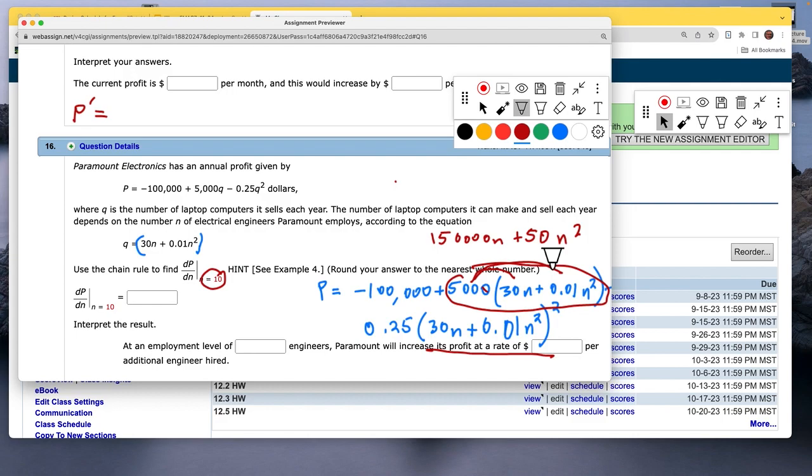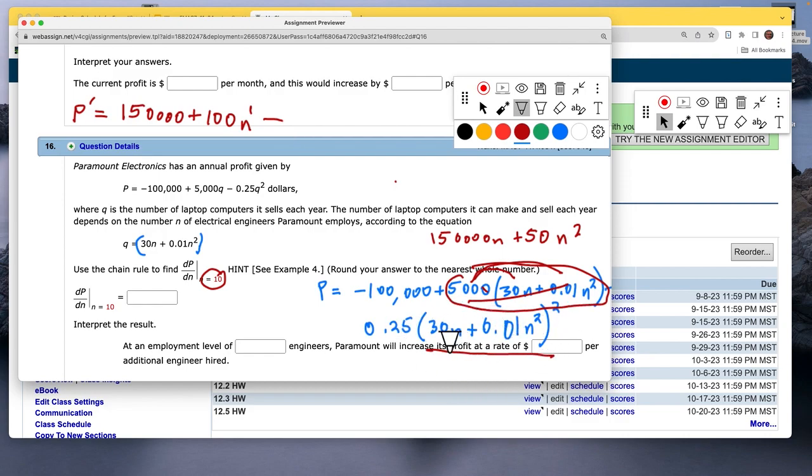So we need that derivative. That's 150,000, the derivative of n. For n squared, the 2 times 50 gives us 100 n to the first power. So that took care of this derivative. And then we have a minus, and that's where I'm going to take this derivative.